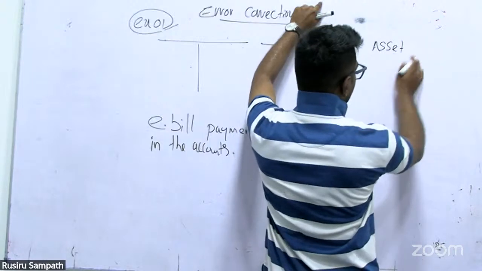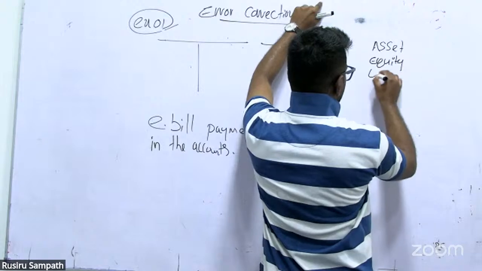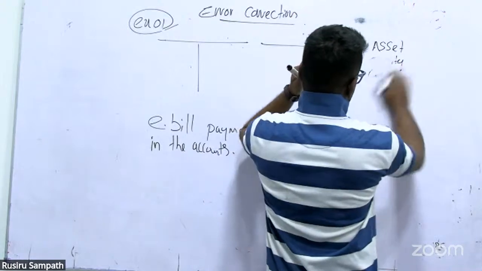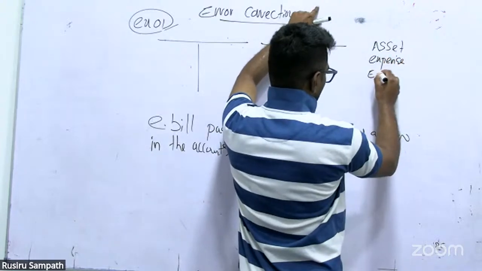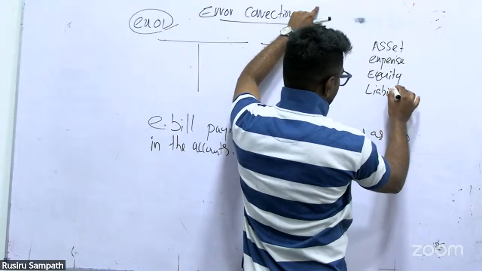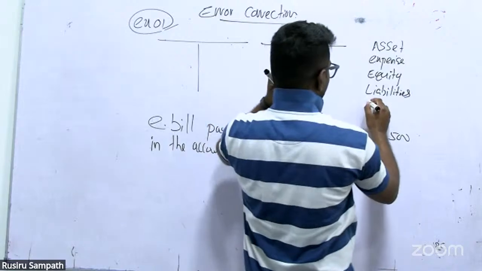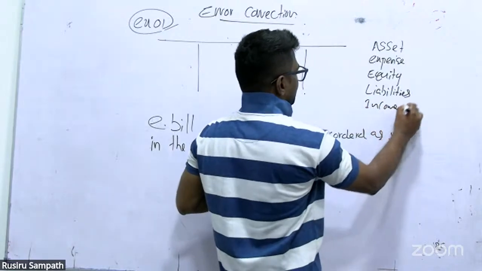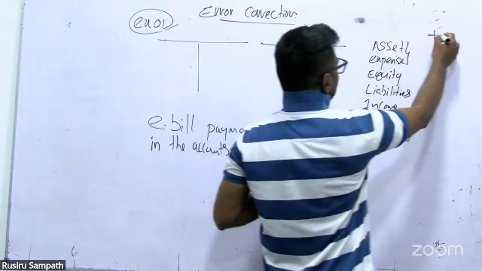There are five: assets, expenses, equities, liability, and last one, income.